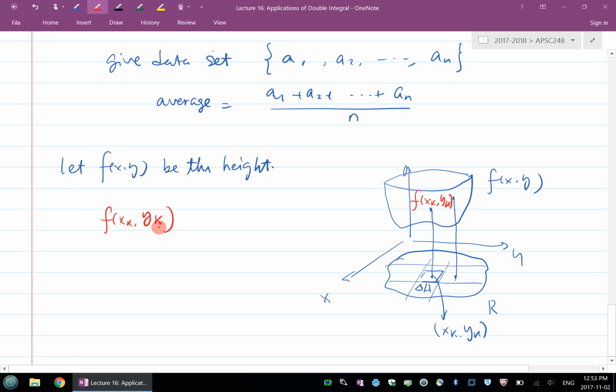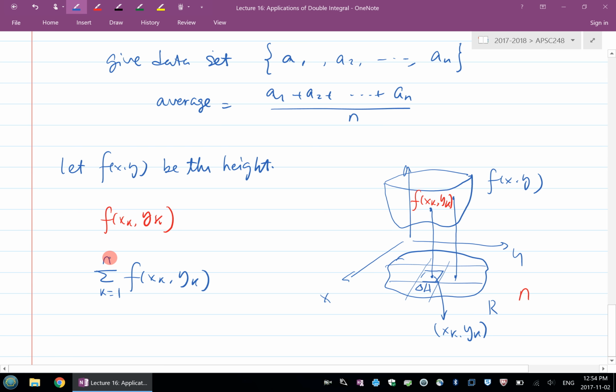Let's see. There are n boxes, so n of these small patches here. That means I have n of these heights, right? I can sample out of this approximation. Then what we can do is add all of these heights, only from 1 to n.